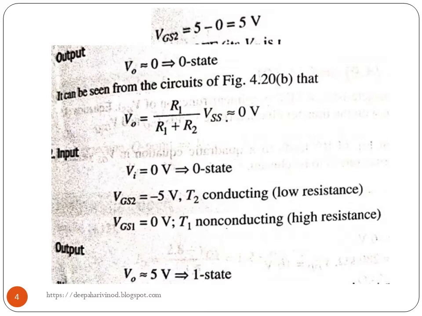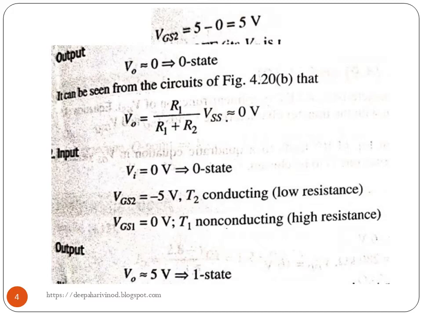Now some explanation for the same. It is told that Vo equal to 0 state, and the output is R1 divided by R1 plus R2. According to that equivalent circuit, we can say R1 divided by R1 plus R2 into VSS, which is approximated to 0 volt.